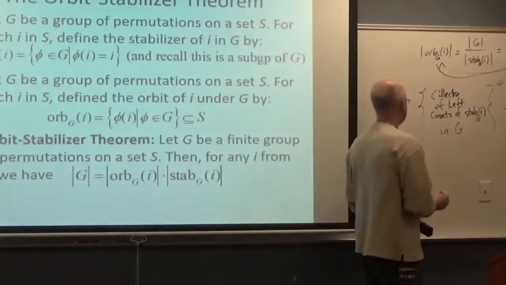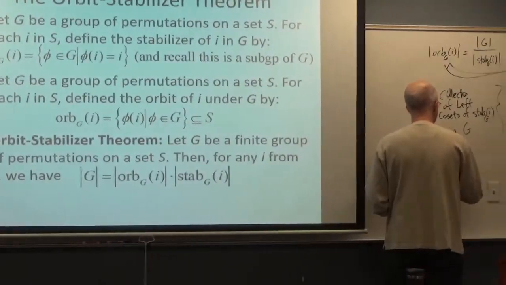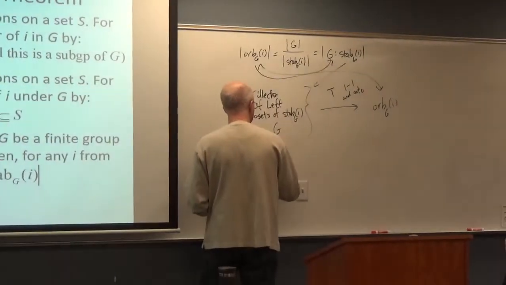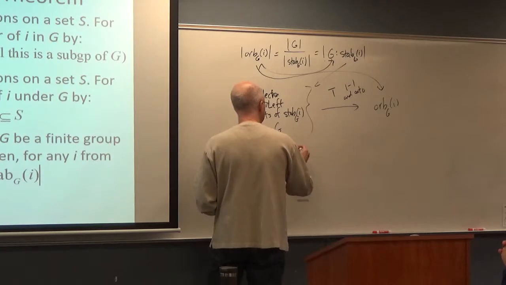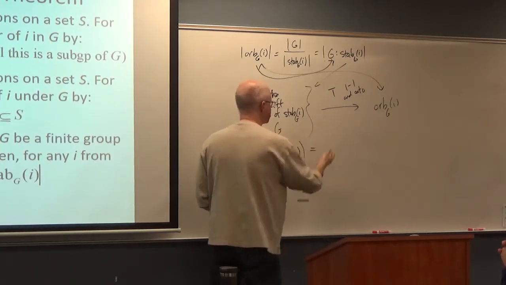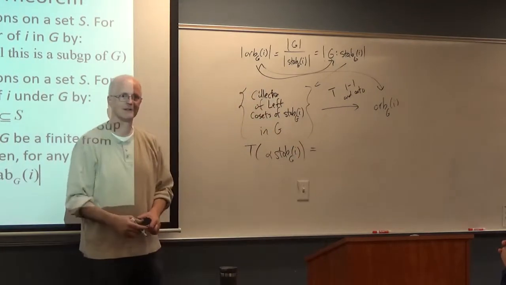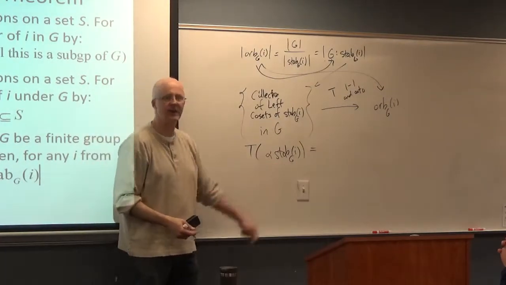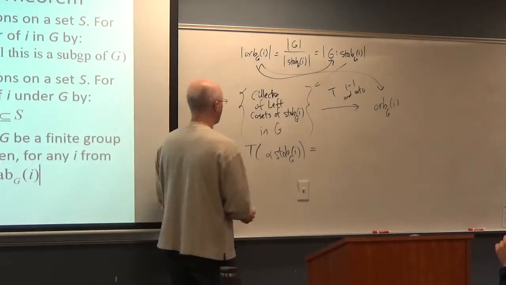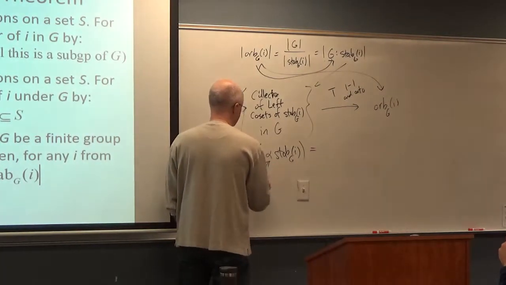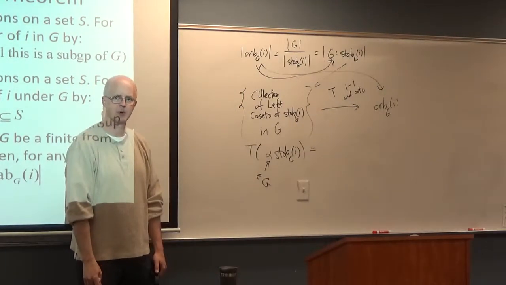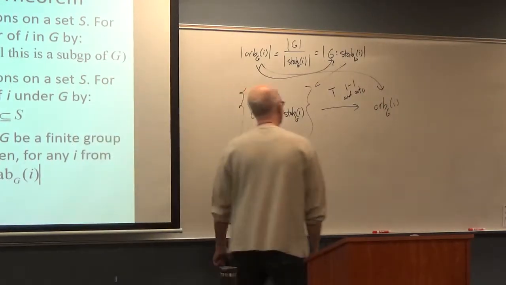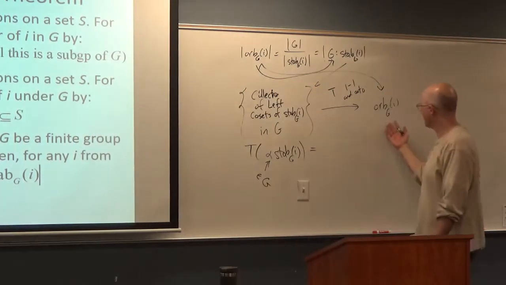So what's T? T is to take an arbitrary left coset of the stabilizer in G and map it to something in the orbit of i. There's your arbitrary left coset. Alpha is an arbitrary element of G. The stabilizer is a subgroup of G. How can I map it to something in the orbit of i?